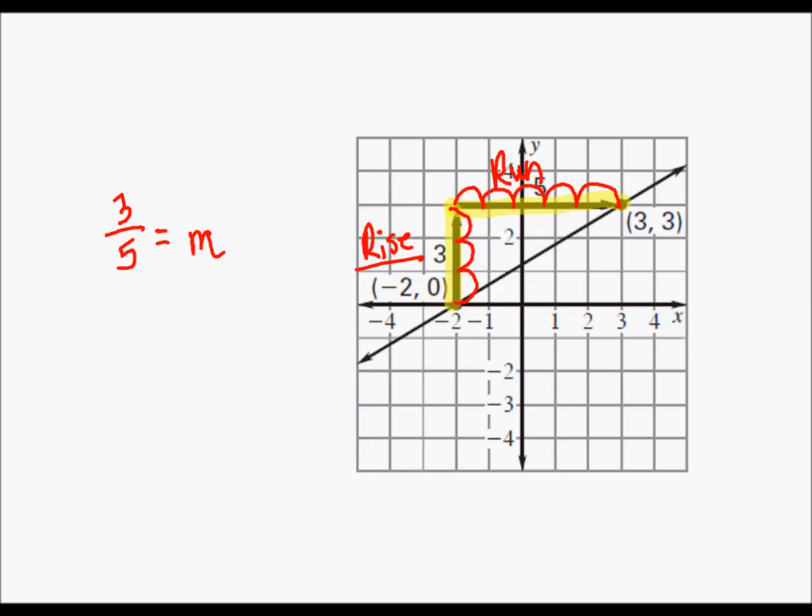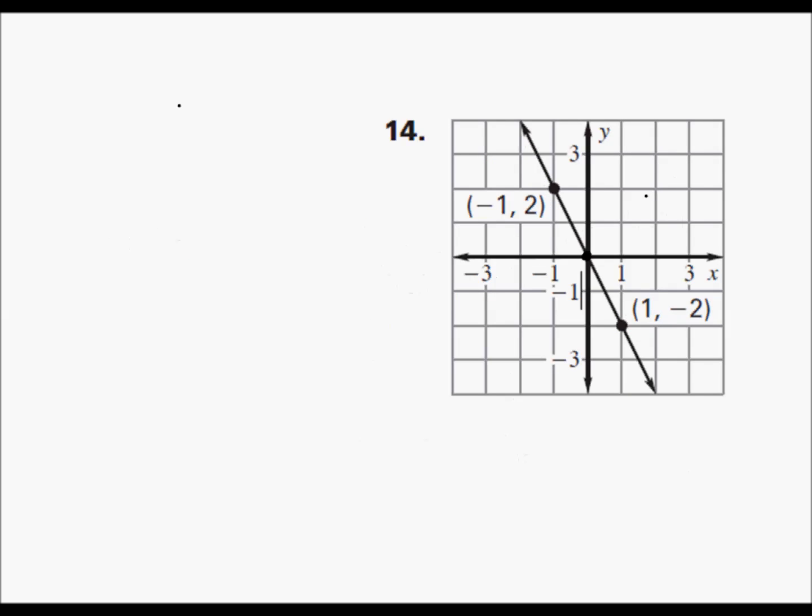Let's try another example. Now I'm given the points (-1, 2) and (1, -2). Let's plug these into our slope formula. So we know slope equals y sub 2 minus y sub 1. Now either I can make this my y sub 2 or I can make this my y sub 2. Because this point comes first and this point comes second, I'm going to make this my y sub 2.